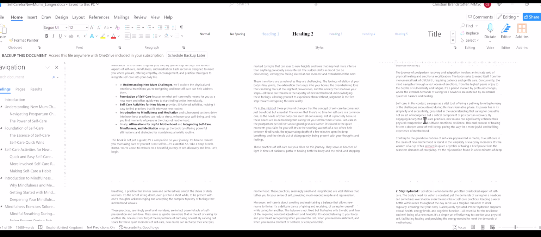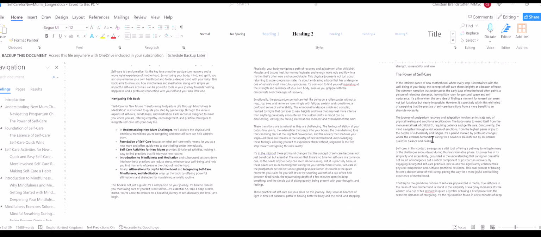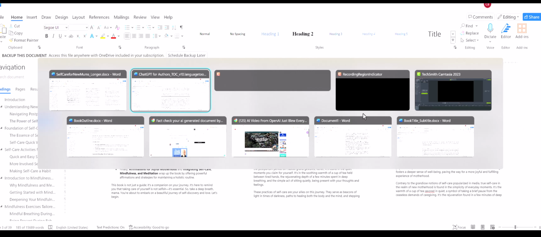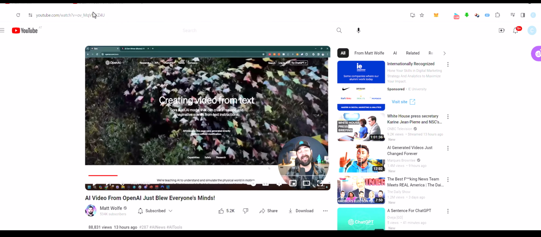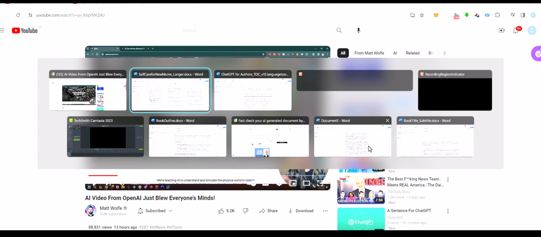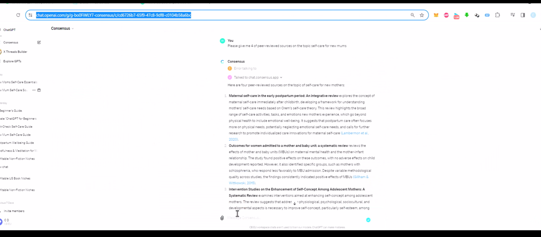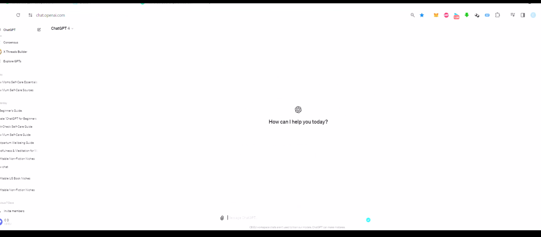For example, what you can always do is, let's just take two paragraphs as an example, you can go to ChatGPT and say, please humanize this text for me to make it sound more natural and less rigid or less standardized.